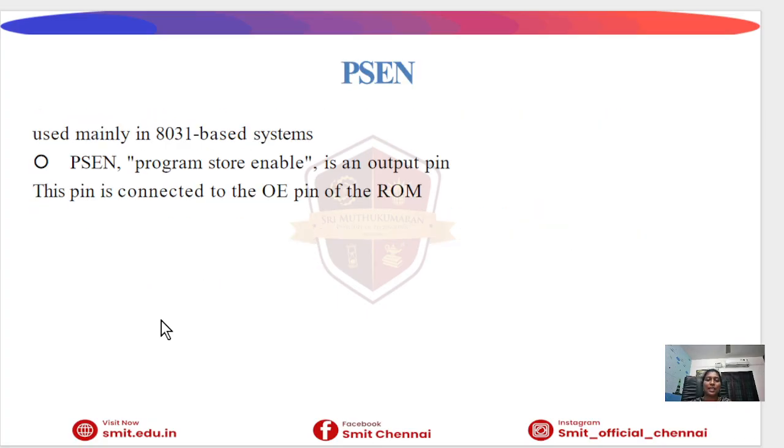Next is the PSEN pin. What does it mean? It means program store enable. This pin is mainly used in 8031 systems. It is an output pin and it is connected to the output pin of the external ROM, that is the OE pin of the external ROM.